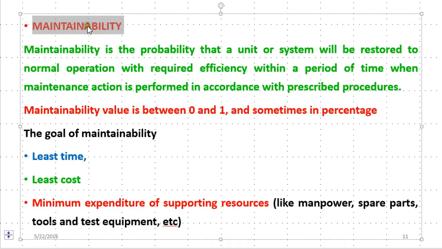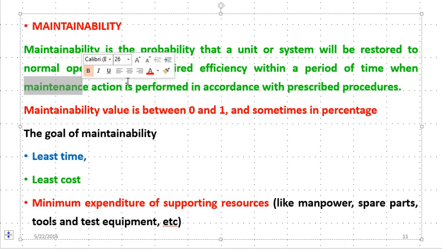Of course, the process of restoring it back is done by what we call maintenance actions. That is, you maintain it in order to bring it back to normal operation. So that probability is what we call the maintainability of the system.